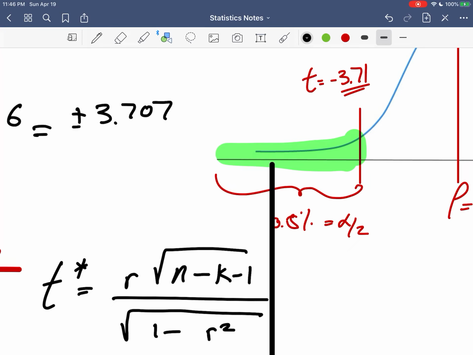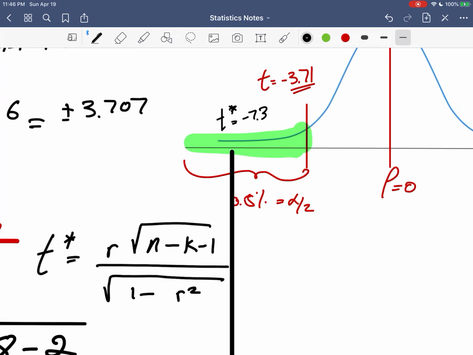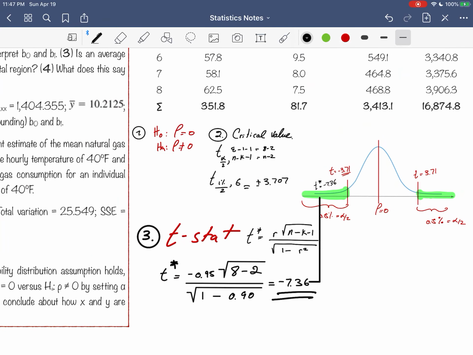I guess it's somewhere here. Clearly that's in the rejection zone. We reject H0. Therefore, the relationship is strong and negative.